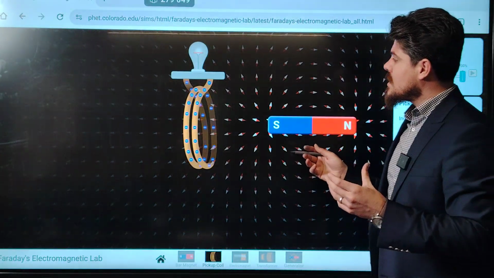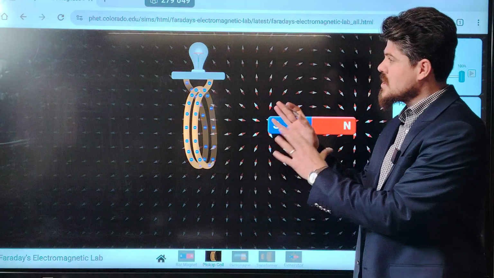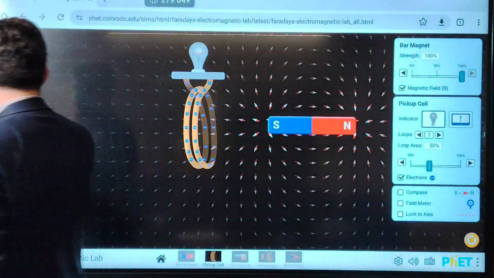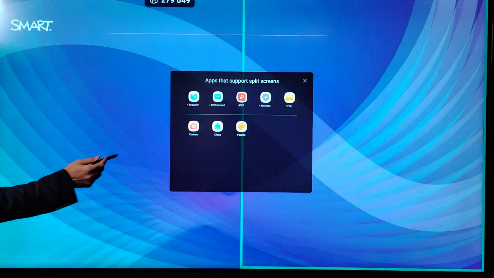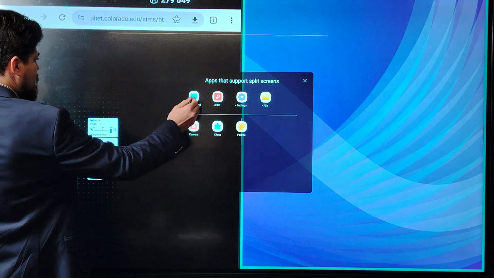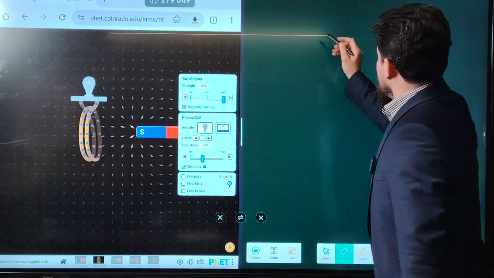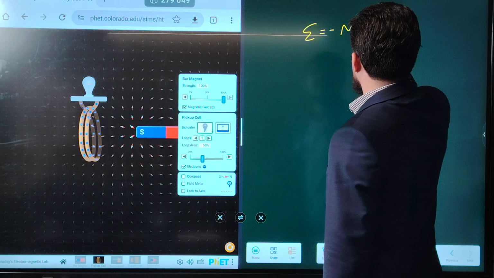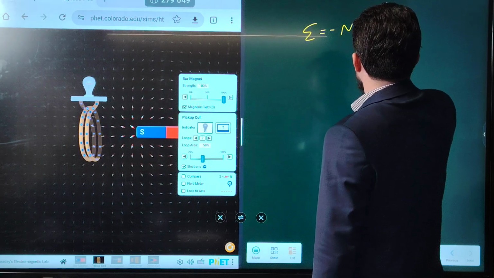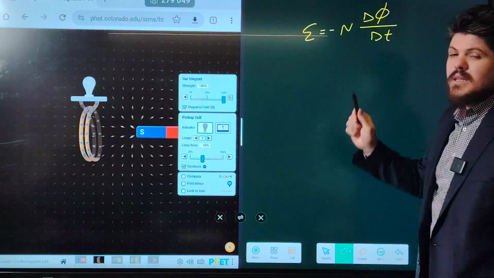Why? Because there is no relative motion. There is no change in flux. Because electromotive force, according to Faraday's law, is equal to the change in flux per unit of time. What do you mean by delta?